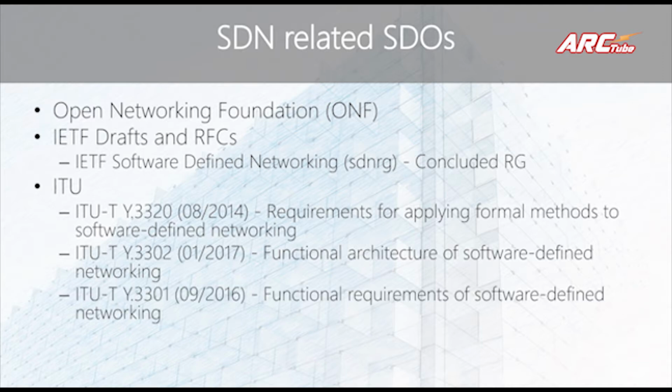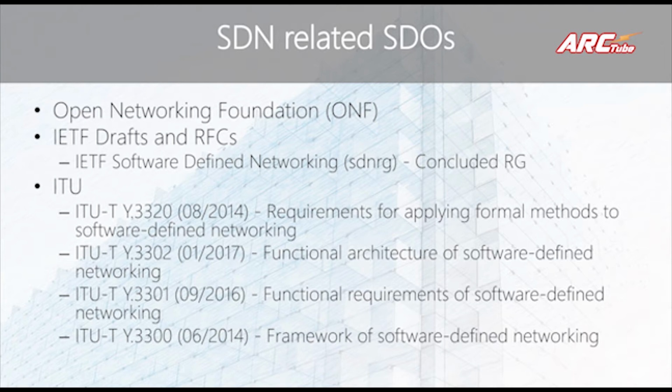And then we also have Y.3301, which was released in 2016, about functional requirements of software defined networking. And also Y.3300 in 2014, the framework for software defined networking. So these are some of the standards that we have and that we use for SDN.